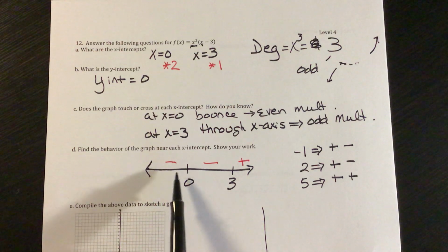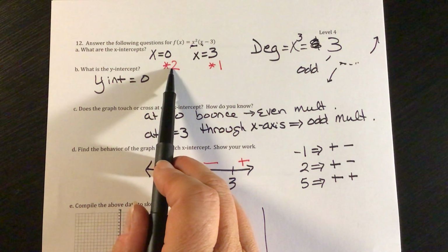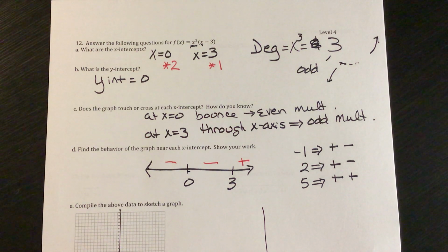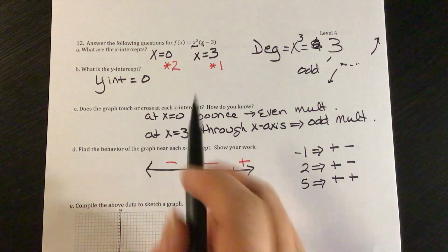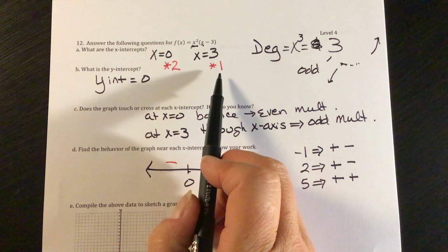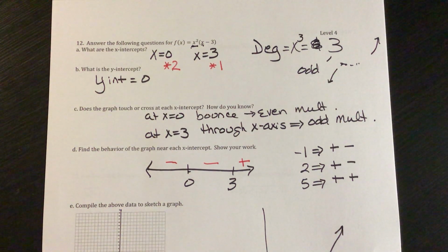When it comes up and hits 0, 0 has an even multiplicity, so it's going to stay negative because it's going to bounce. Then it's going to turn around and hit our x-intercept at 3. Because 3 is an odd multiplicity, it's going to continue to go up.